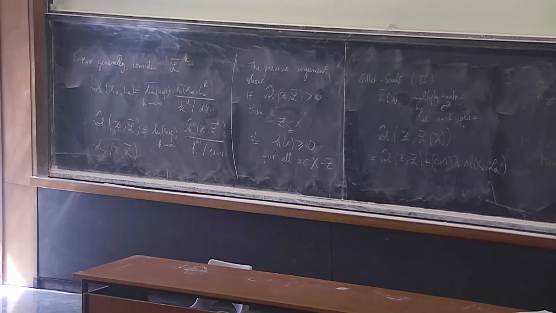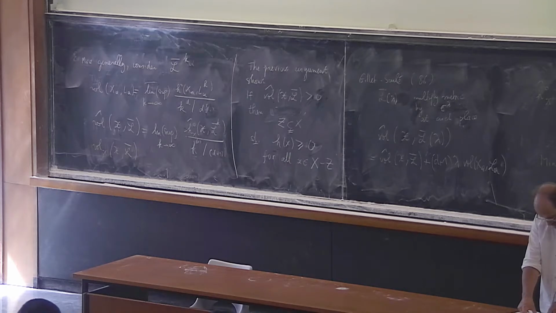So what is important is that the arithmetic volume is greater than the chi volume. And here there are hats.